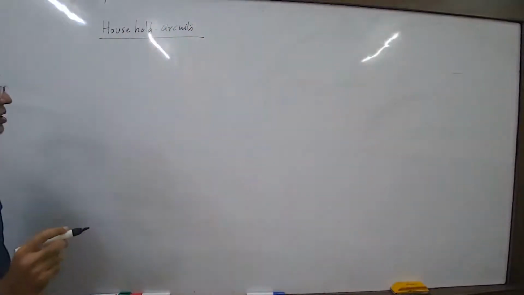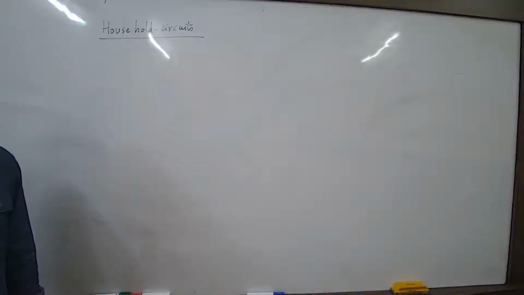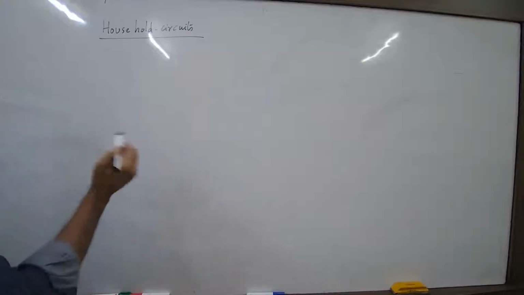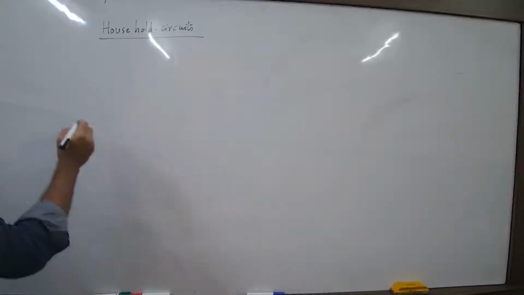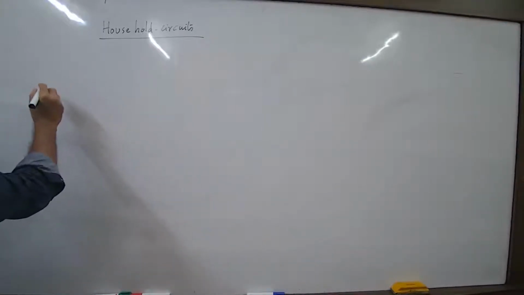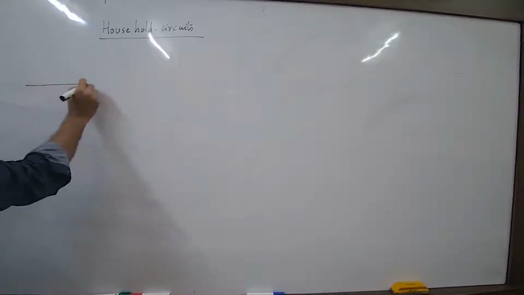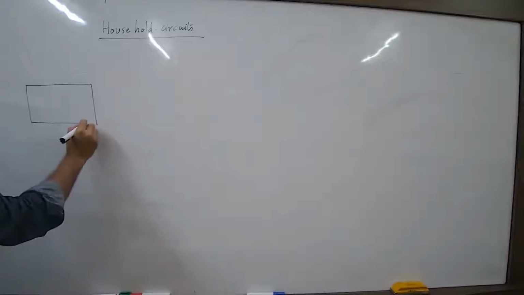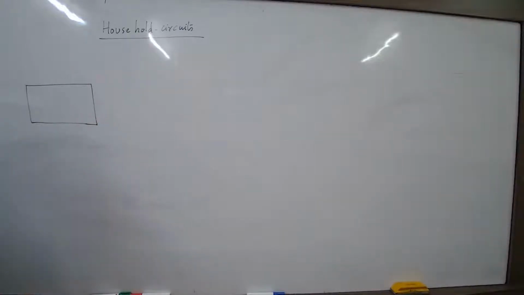So household circuits is about how the wiring is done inside our house. So that's inside, but what comes from outside? Somewhere the electrical energy is generated, right?